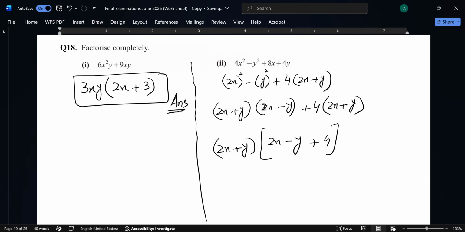Okay, this is my most simplified factorized form, and this is my required answer. This is what they ask you to factorize, both part 1 and part 2.